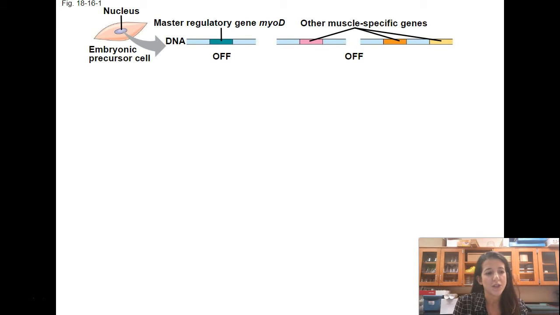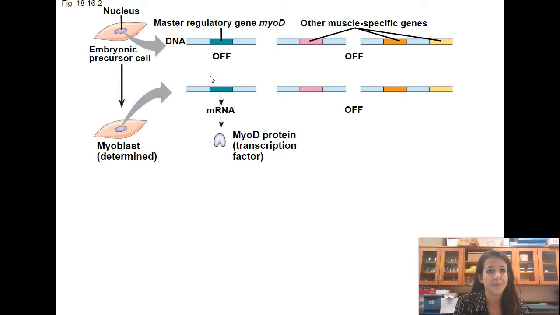But the master regulatory gene is off, so we're not differentiated and not determined just yet. Once we are a myoblast, we've turned on that master regulatory gene, and now we're determined. We have that transcription factor, but the genes are still off. So we're determined, but we are not yet differentiated.